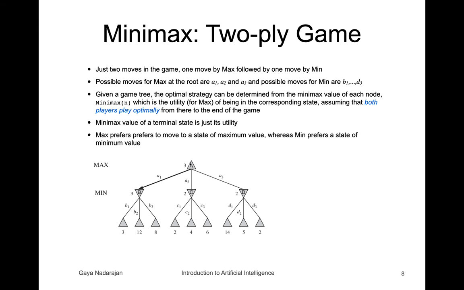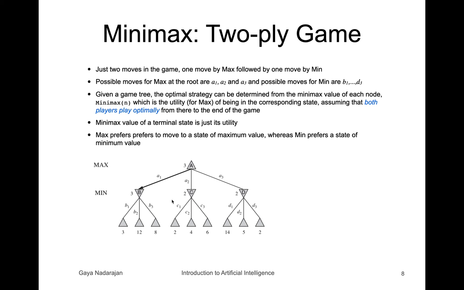And if you look at this, okay, this is a kind of convention you have to get used to. So you have Max, who is represented by an upward facing triangle, because Max is always trying to maximize. And in this case, you can see that Max has 3 different possibilities. Max can take 3 moves, A1, A2, or A3, right? So this is the beginning of the game.